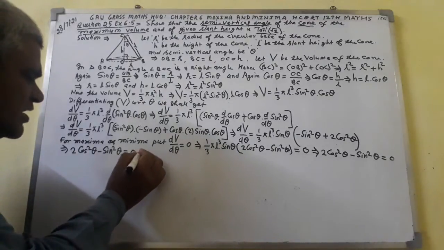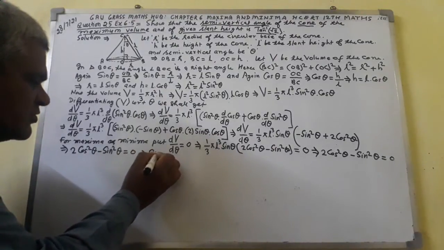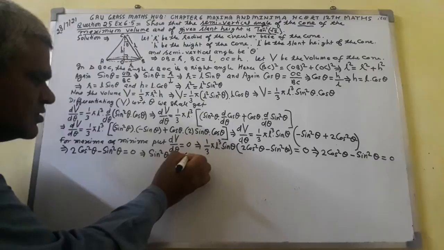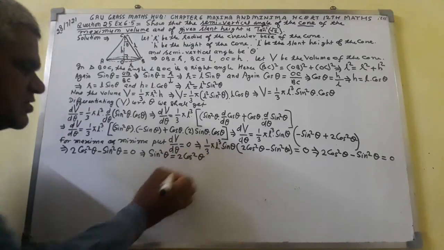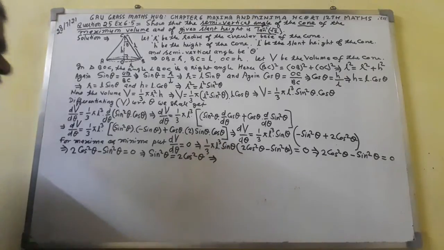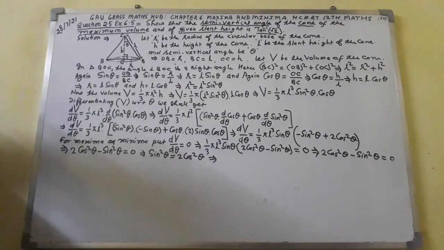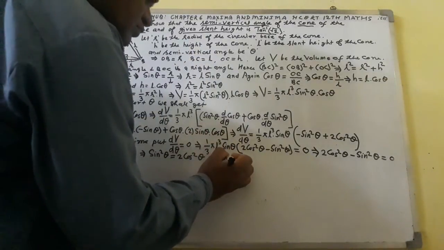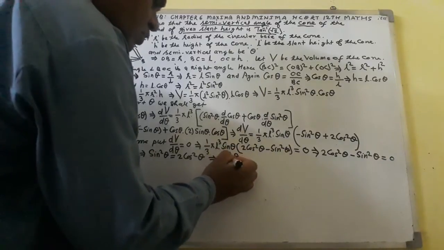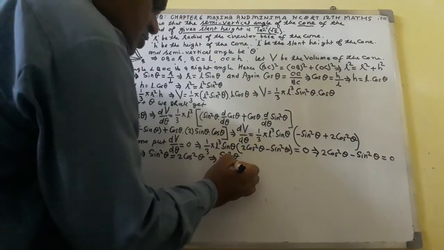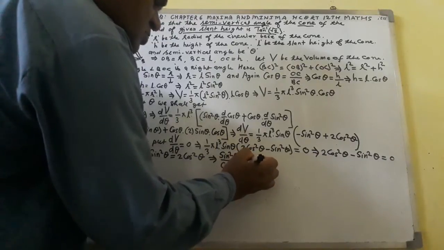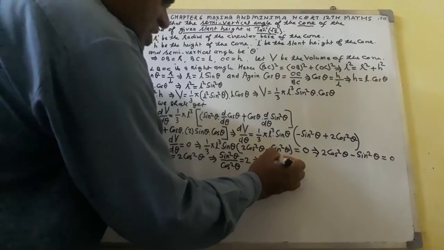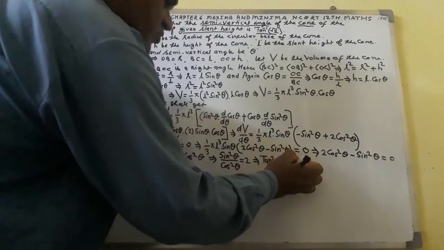Again I shall write, implied that sin square theta is equal to 2 cos square theta. Again I shall write, implied that sin square theta over cos square theta is equal to 2. Implied that tan square theta is equal to 2.